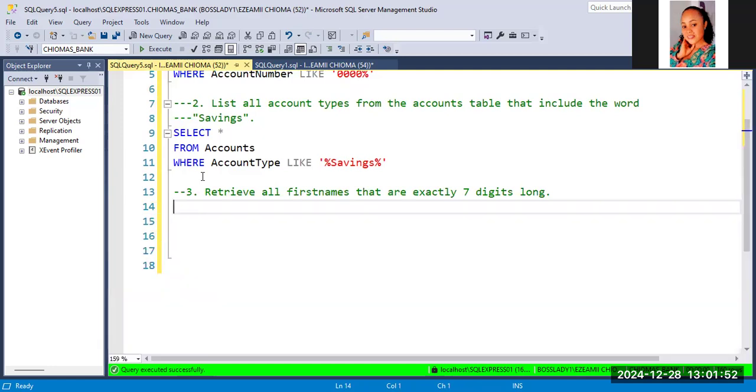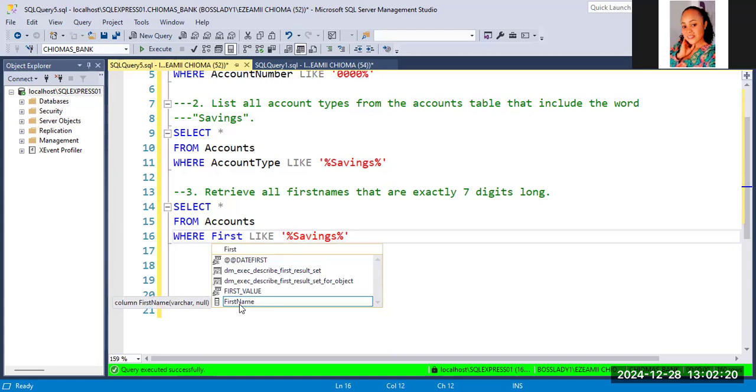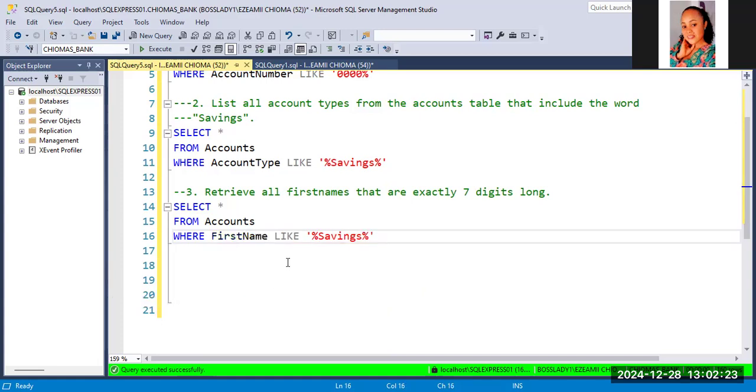So this says, retrieve all first names that are exactly 7 characters long. So what this is telling us is that any first name we're going to get must be 7 characters, right? So the column we should focus on is the first name column, where the name must contain only 7 characters.